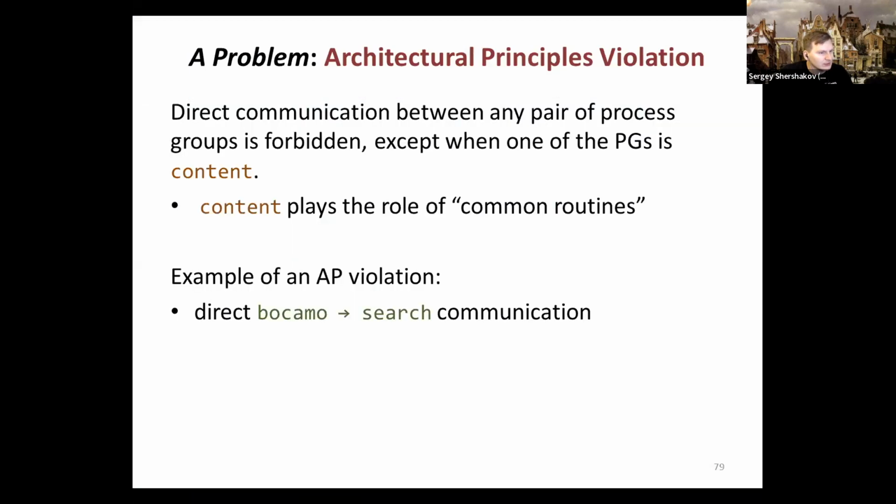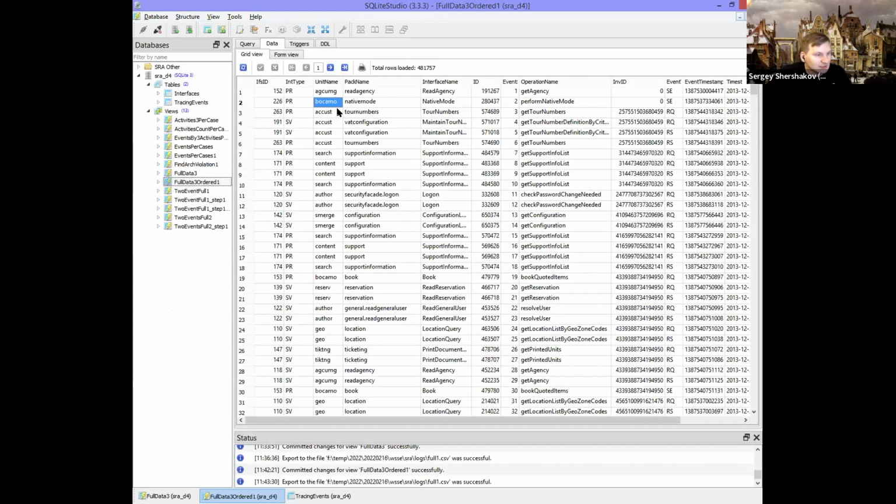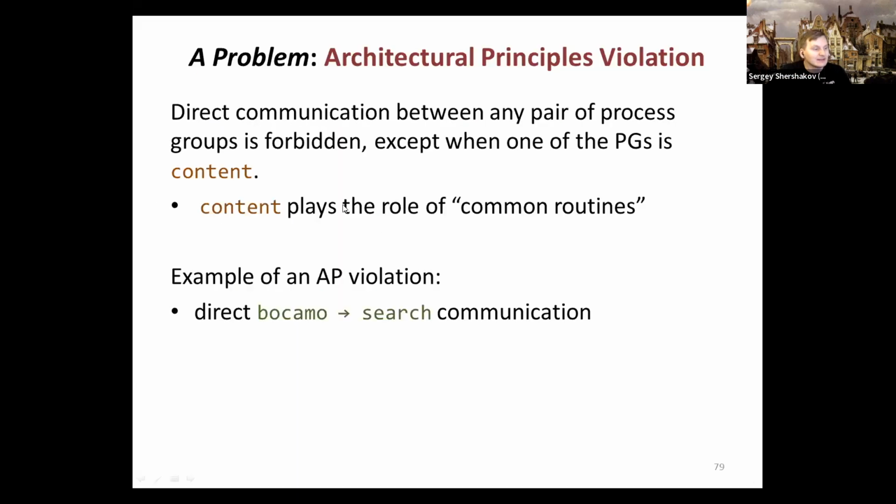Could you please show me this rule? This one. These process groups can't interact with each other except through a special content process group. You can see there are different process groups here, and they can interact only through the content process group.